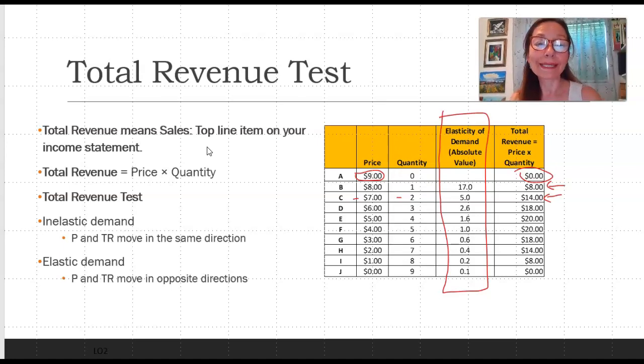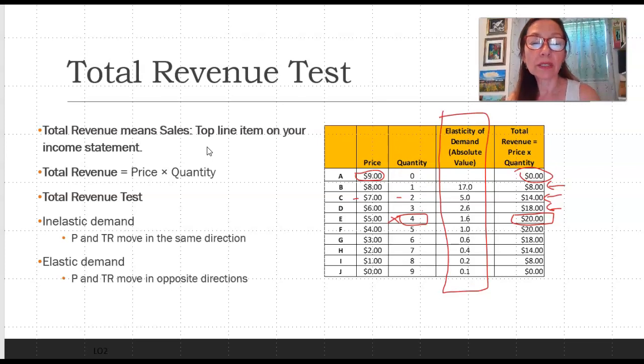If we lower our price to $6, we will sell 3 cups of cappuccino, and our total revenue is going to be 6 times 3 gives us $18. We lowered, and this is what we did in our example, we lowered our price from $6 to $5, and we now sold 4 cups of cappuccino. And our revenue is 5 times 4 gives us $20.